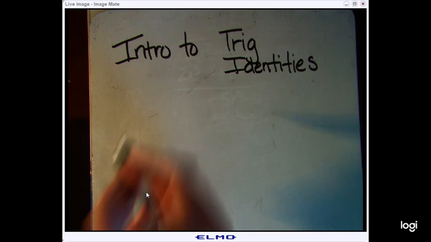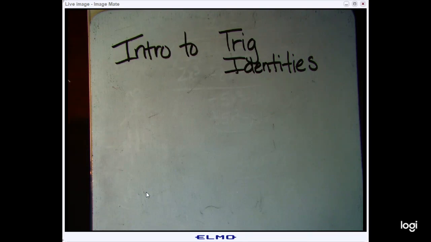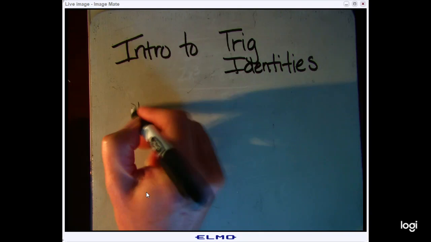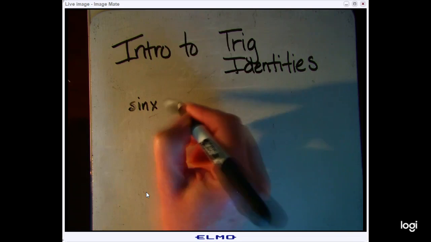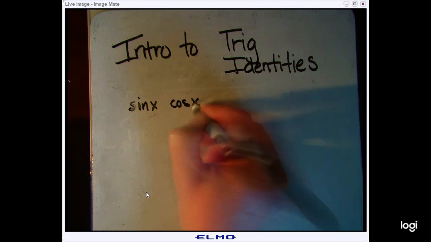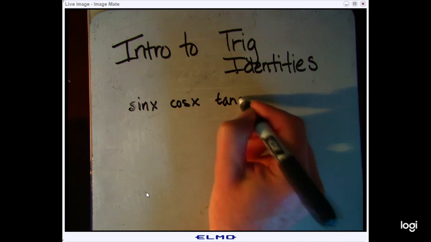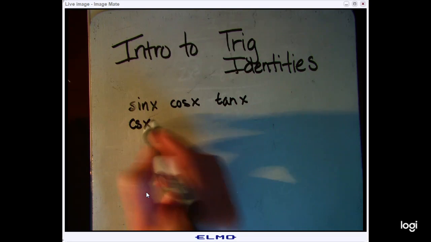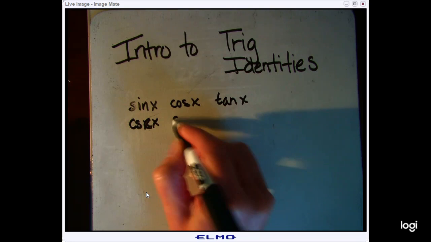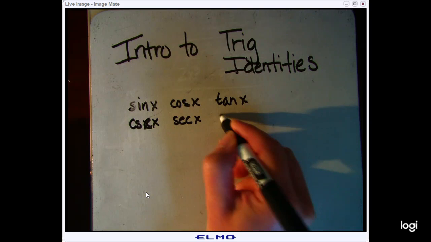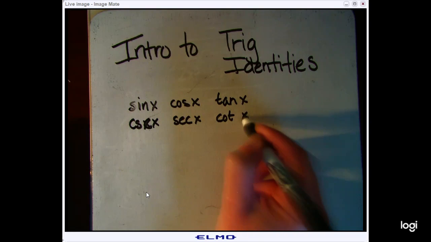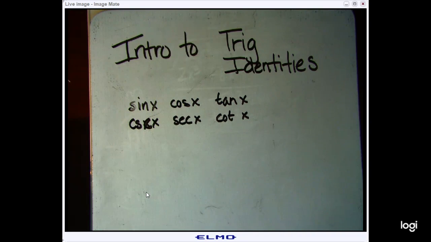You're used to seeing sine, cosine, tangent. And we've become more comfortable with cosecant and secant and cotangent. Now there are some different ways I want you to look at these today.